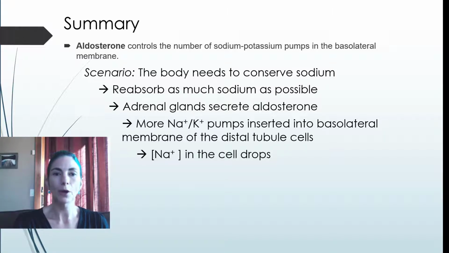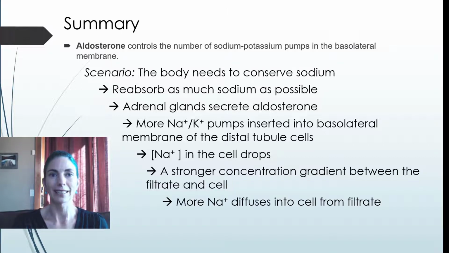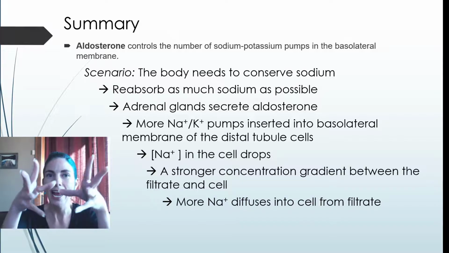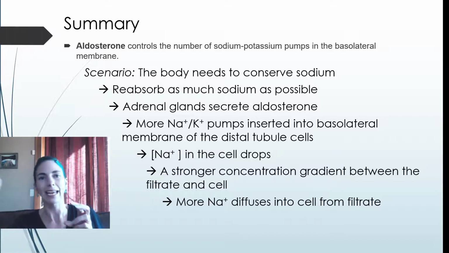When the level of sodium in the cell drops, there is a stronger concentration gradient between the filtrate and the cell. And when there is a stronger concentration gradient between the filtrate and the cell, more sodium is going to diffuse into the cell from the filtrate. And once we get it into the cell, one of those many sodium-potassium pumps is going to immediately grab it and kick it out.